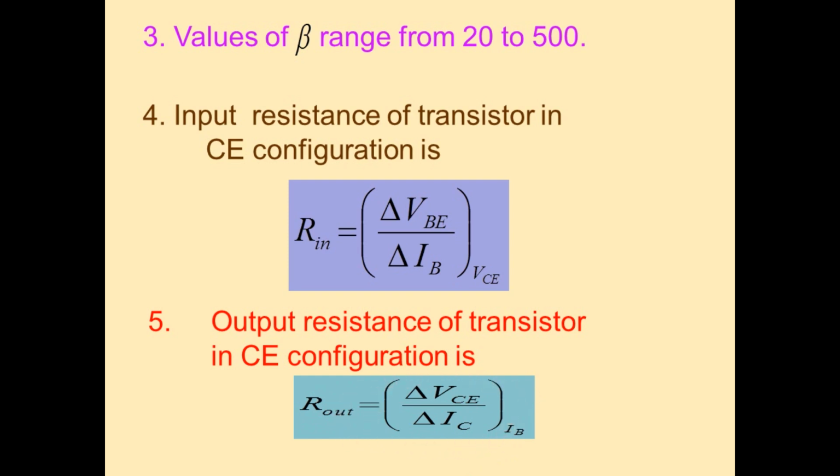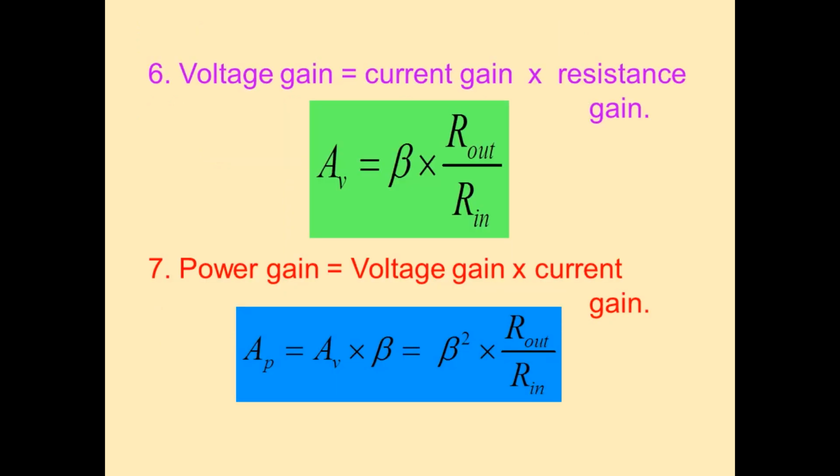The ratio of change in collector emitter voltage to the change in collector current at base current kept constant is called output resistance of a transistor in common emitter configuration. R output equal to delta VCE by delta IC at IB constant. Yeah, voltage.